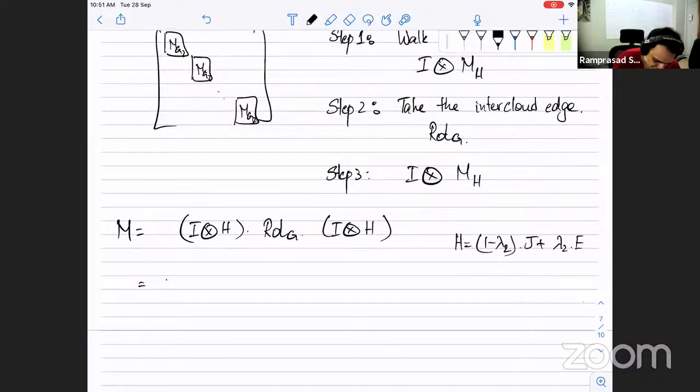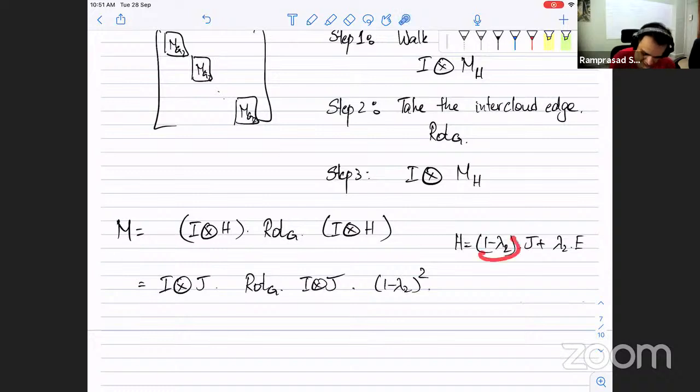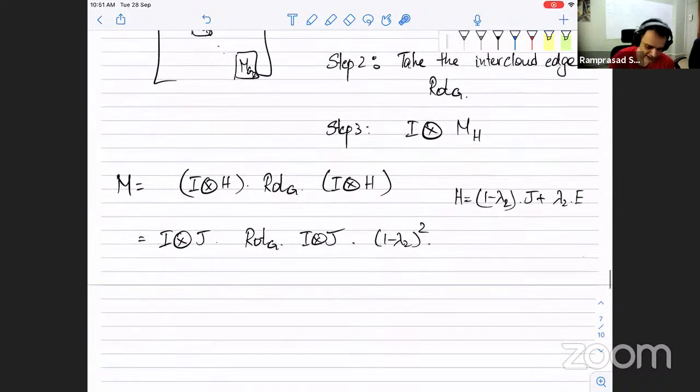You would end up getting I tensor J times rotation G times I tensor J. This is one such term, and this term will have weight (1 minus lambda 2) squared, because there's a 1 minus lambda 2 from the first part and 1 minus lambda 2 from the second part. That is one term.